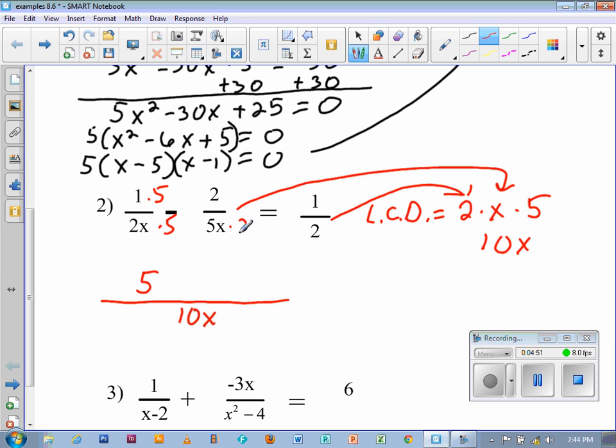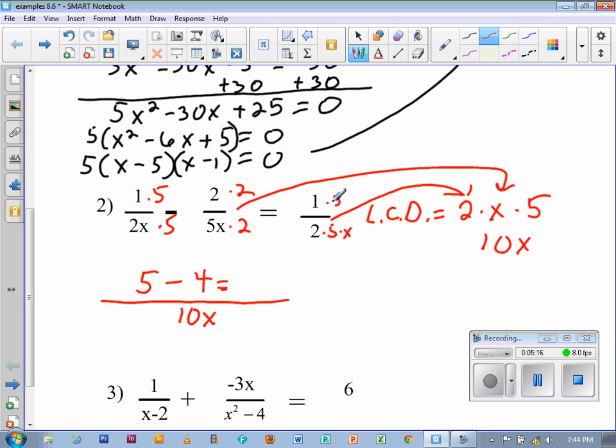The second fraction, I'm going to multiply by 2. So it becomes minus 4. So 5 came from multiplying by 5 to get 10x on the bottom of our fraction. And here we multiply by 2 to create the least common denominator of 10x. And then our last fraction, I'm going to put an equal sign here. It needs to be multiplied by a 5 and an x.